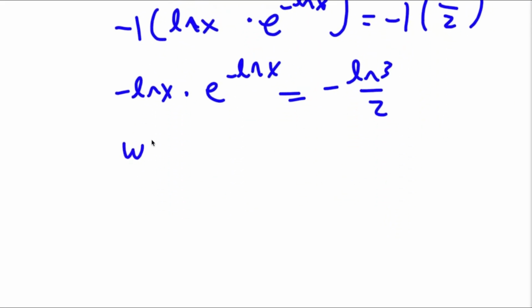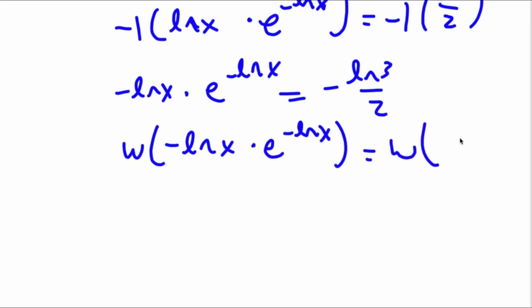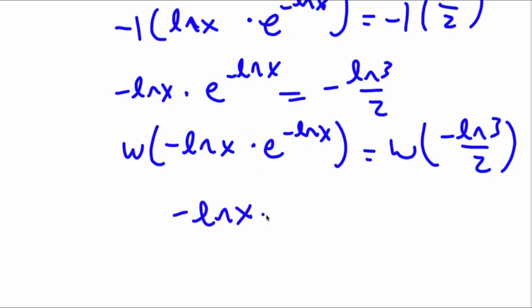Now I can take the W Lambert function on both sides. So now I have W of negative ln x times e to the power of negative ln x is equal to W of negative ln 3 over 2. And now I'll simply be left with negative ln x is equal to W of negative ln 3 over 2.